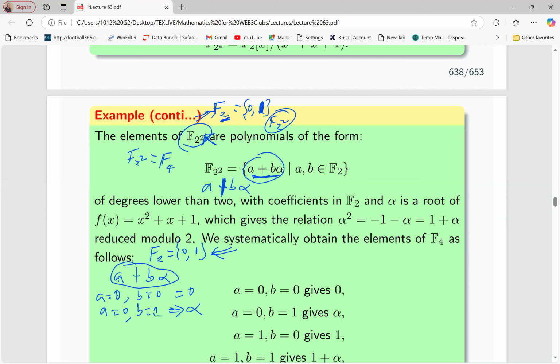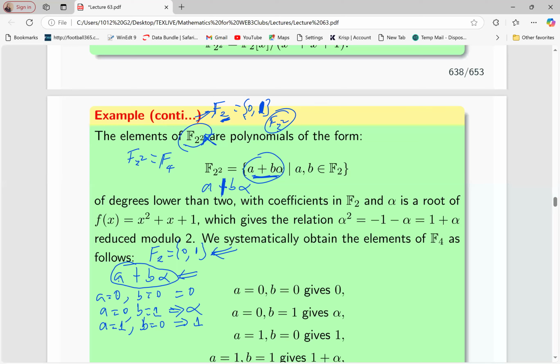The other possibilities are that A can be 1, and if A is 1, B can be 0. So if A is 1 and B is 0, what does this equation become? It becomes 1.